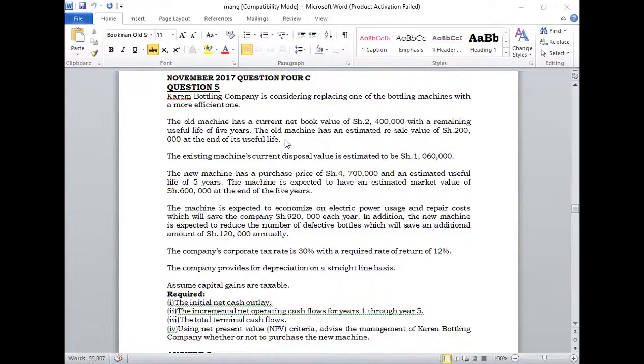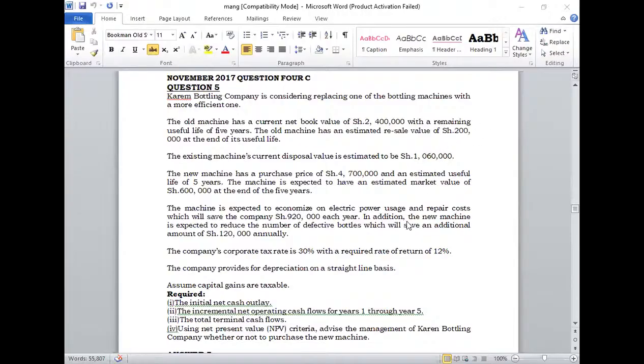The old machine has an estimated resale value of 200,000 at the end of its useful life. Most importantly, they are telling us that should we want to sell this existing machine today, its current disposal value is estimated to be 60,000.